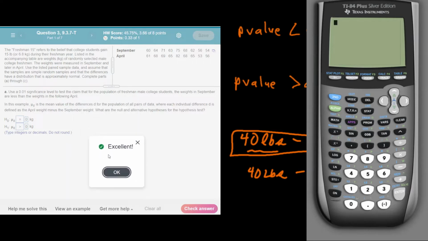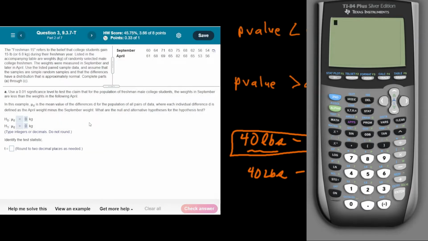And the reason we're choosing the greater than symbol is because we're talking about the weight in September being less, right? So if the weight is less in September, that means they're gaining weight. By the time they're in April, they're a lot bigger than what they were before. So the difference would be a positive difference. So we're going to choose the greater than symbol. If on the flip side, they said that your weight in September was greater than April, that means that you would have a negative difference.